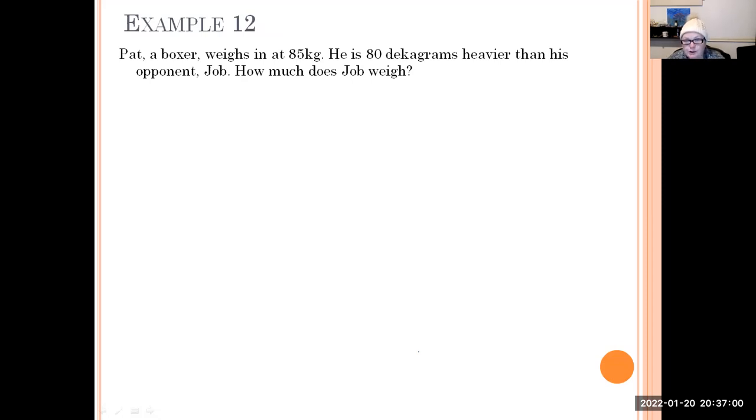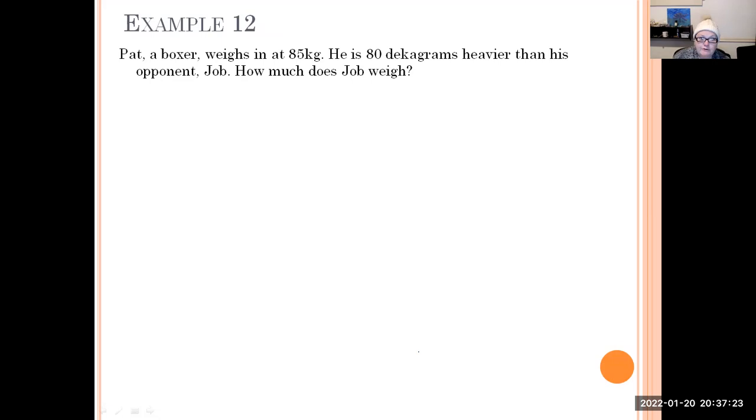And if you're looking at your useful conversion chart, you'll see that what we did in class, we went from decagrams to grams, because we know that there are 10 grams in a decagram. And then we went from grams to kilograms, because we know there's 1,000 grams in a kilogram.